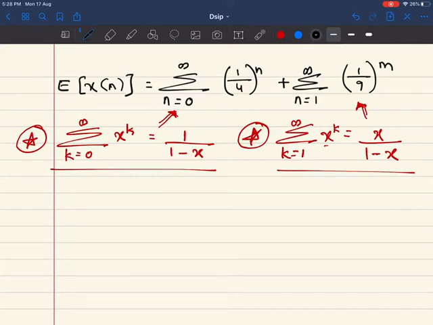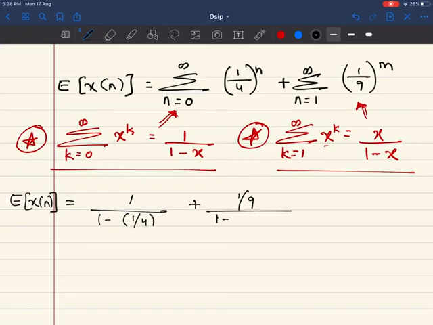Rewriting it now, E of x of n is equal to 1 upon 1 minus 1 by 4, plus (1 by 9) upon 1 minus 1 by 9. I just rewrote the formulas according to the values given.